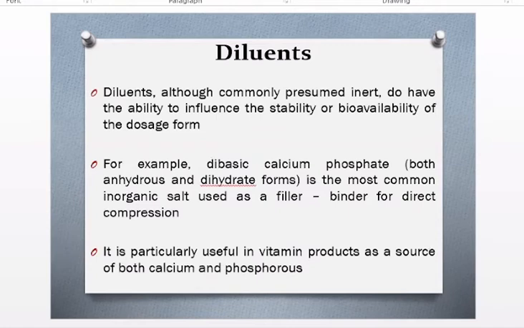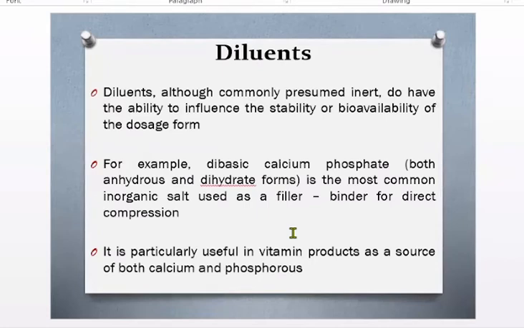Okay, diluents are assumed to be inert, but we have seen that they do have an influence on the stability or bioavailability of the dosage form. For example, you have dibasic calcium phosphate, both anhydrous and dihydrate forms, used as a filler binder for direct compression.